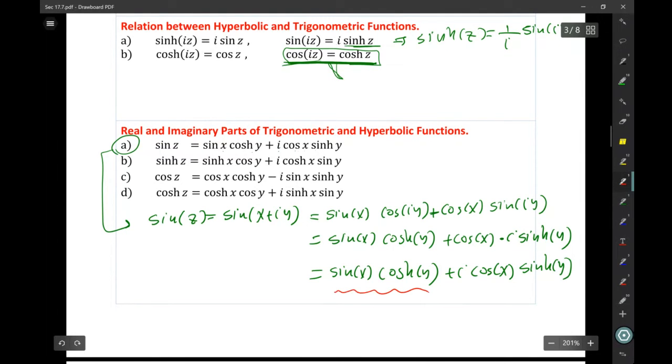So this is the real part and this is the imaginary part, and all the others I can derive in the same procedure.